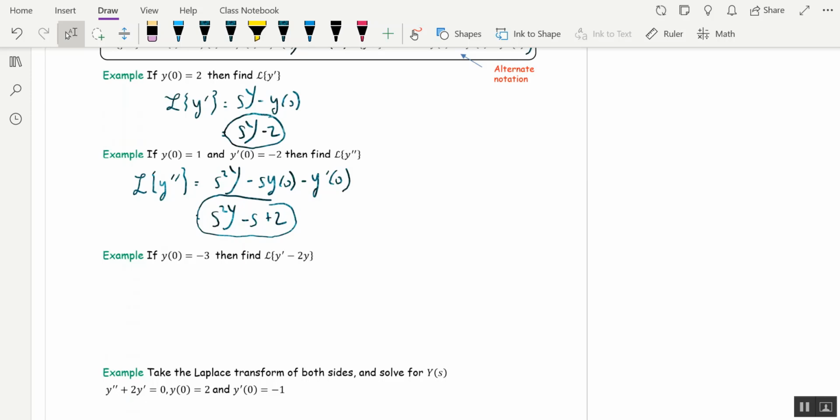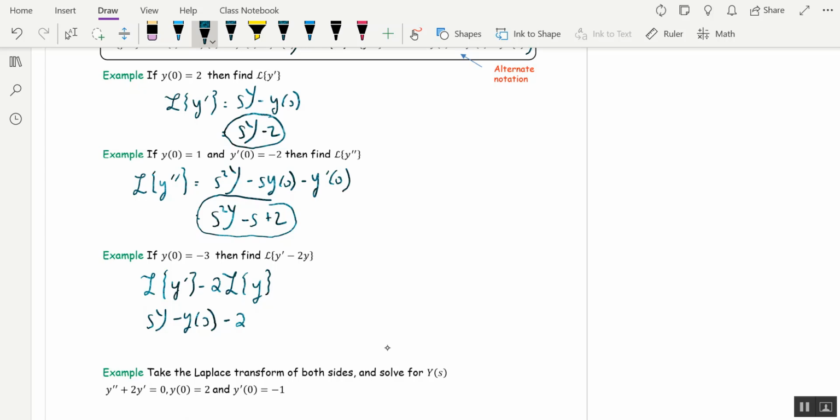Okay, typically we're going to want the Laplace transform of a linear combination of derivatives. So in this example, I want L of y prime, and I'm going to subtract 2 L of y by linearity. All right, well, L of y prime is s big Y minus y of 0, and this is minus 2 L of y.